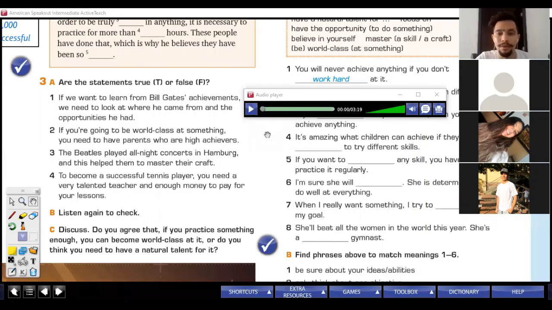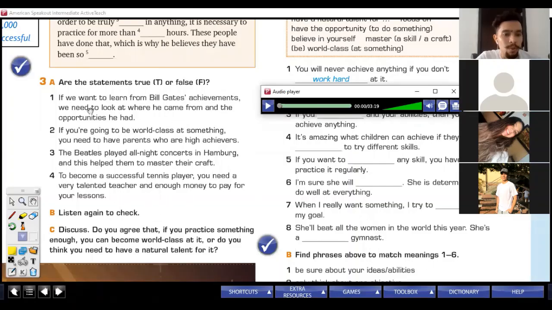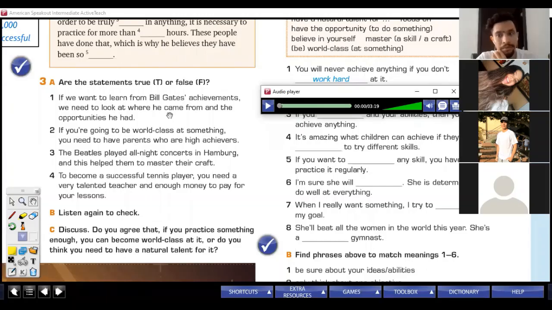All right, guys. So let's go with the first one. I read and you tell me whether it's true or false. So if we want to learn from Bill Gates' achievements, we need to look at where he came from and the opportunities he had. Is that true or false? True. All right, great. Two, if you're going to be world class at something, you need to have parents who are high achievers. False. Okay.